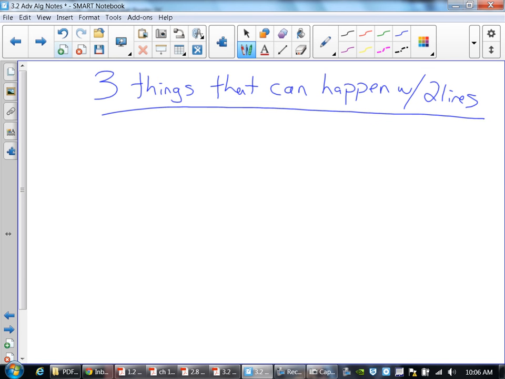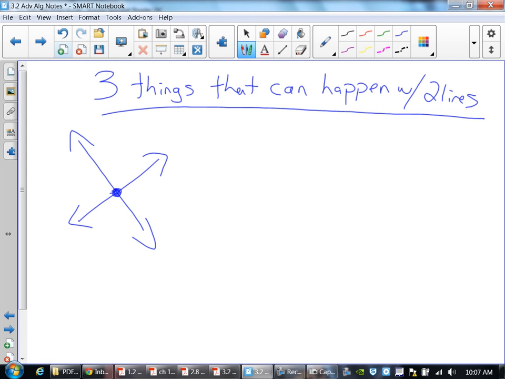There's 3 things that can happen in space with 2 lines. 2 lines can intersect and have 1 point in common.